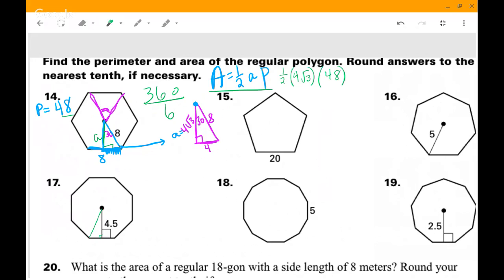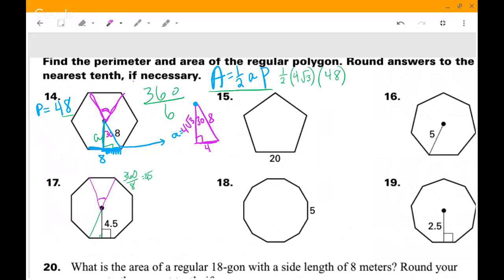Wait, is that then like 360 over the number of sides? Yes. Okay. 45. So 45 would be, if you went from a vertex to the center to a vertex, this whole angle.